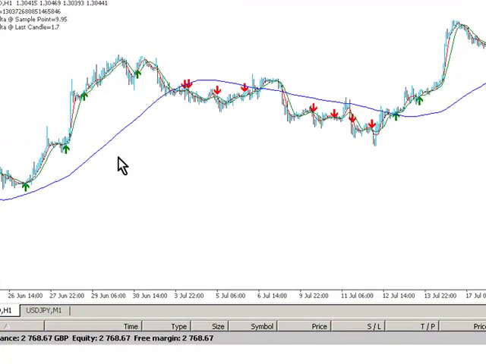If we could only take trades in these strong periods where the delta on this moving average is changing and is over a certain amount, that would keep us out of these range-bound conditions.